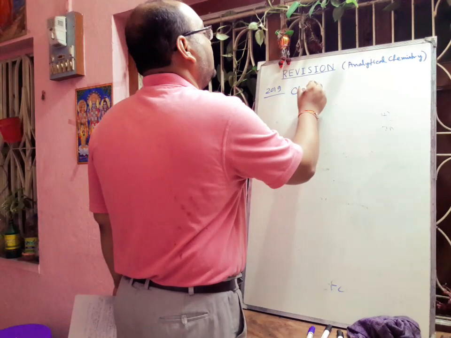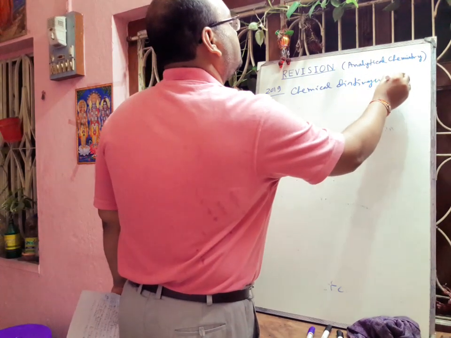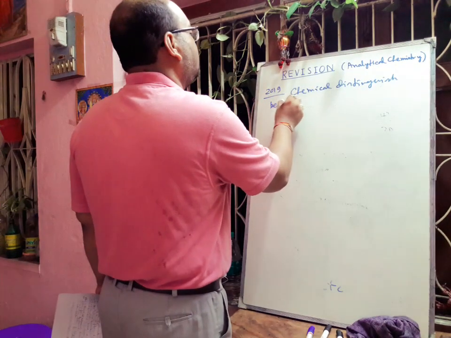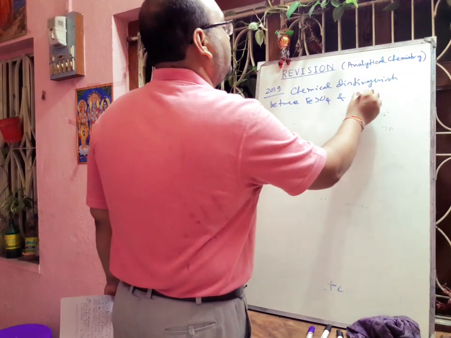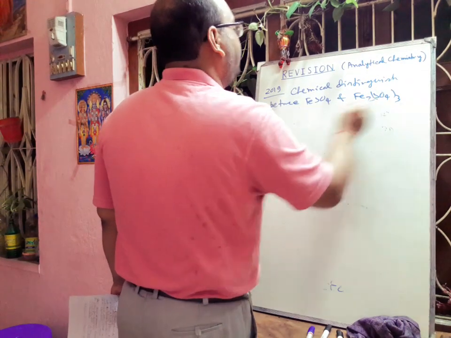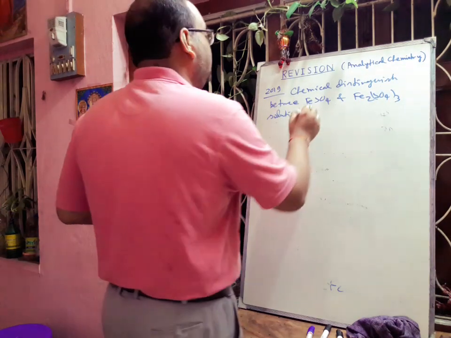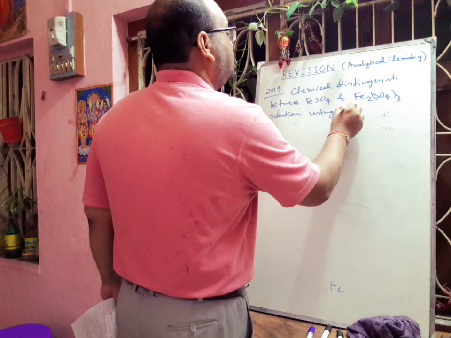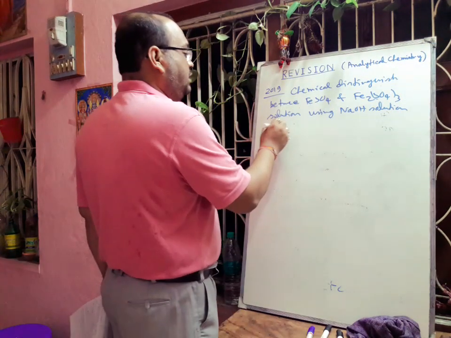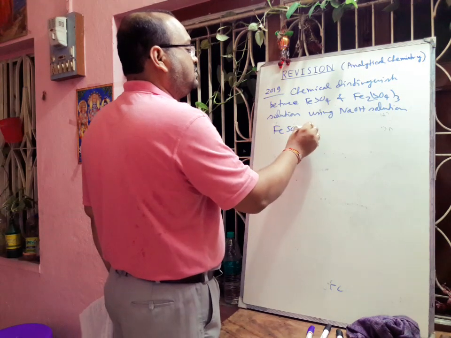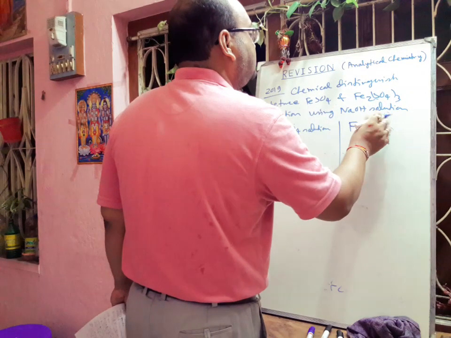So on one side you will write ferrous sulfate solution, and on the other side you will write ferric sulfate solution.